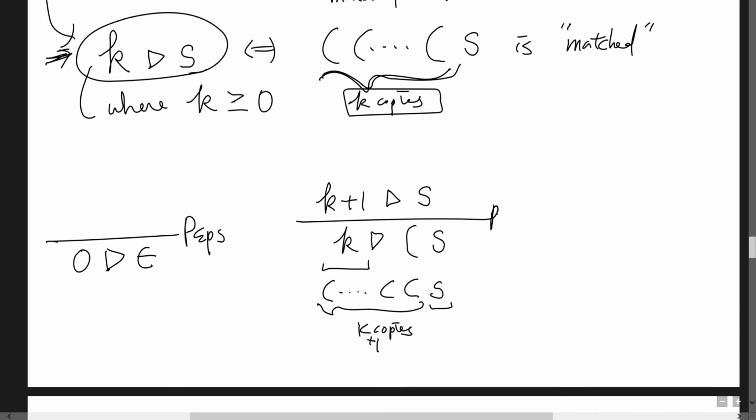Let's say this is the P left rule. The best way to read this rule is from the conclusion to the premise. You want to read this rule bottom up instead of top down.